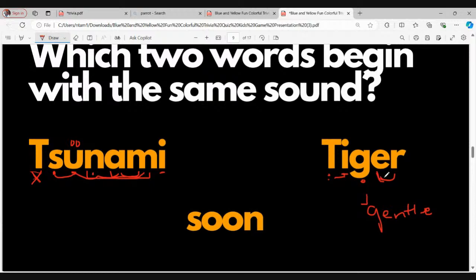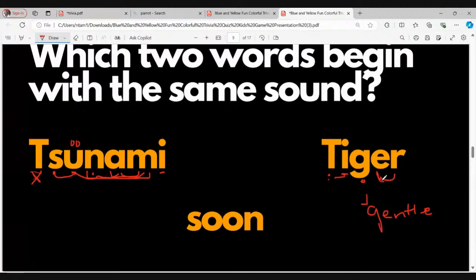Tiger. Remember the Americans would say tiger, as in they're going to stretch the ER, but the British would say tiger, which means they're going to use the ER as a schwa sound.